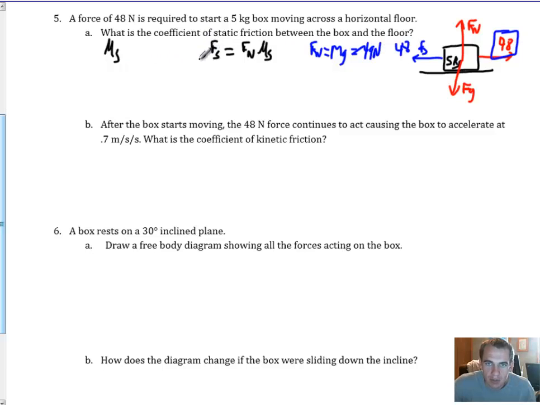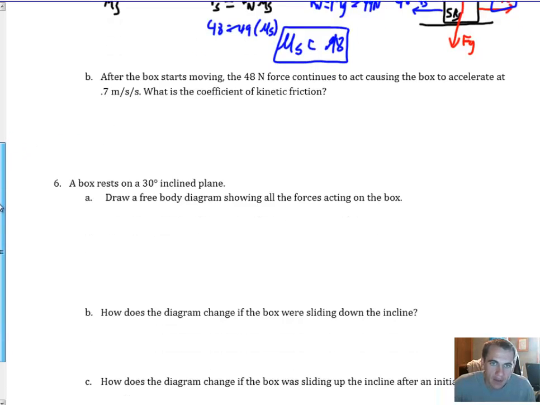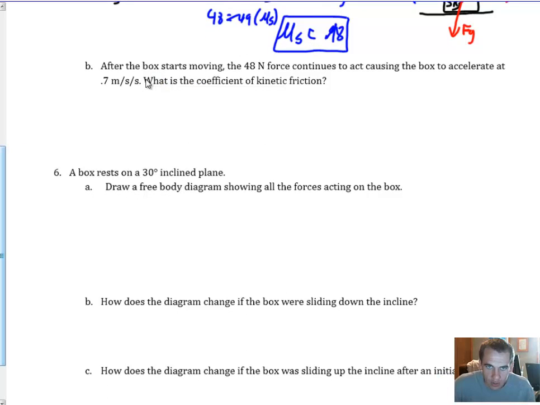Then I'm going to use this equation: static friction, 48, equals normal force, 49, times the coefficient of static friction. Divide both sides by 49, and I get the coefficient of static friction is equal to 0.98. Remember, that's a unitless number. It tells me that 98% of the normal force is actually frictional in nature as well.